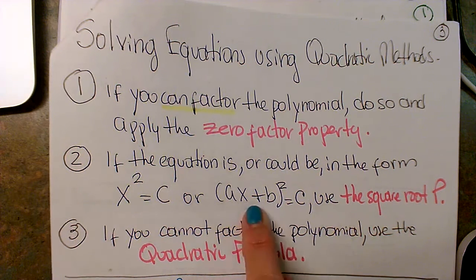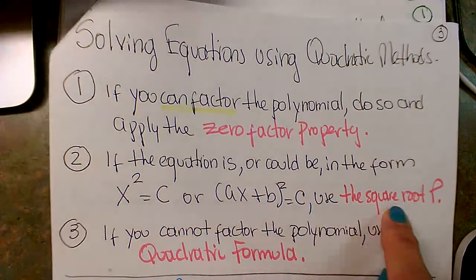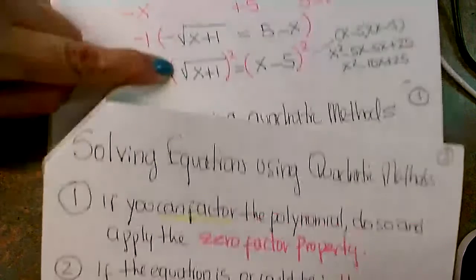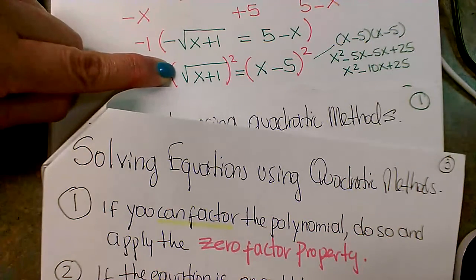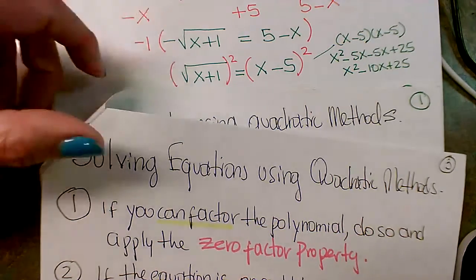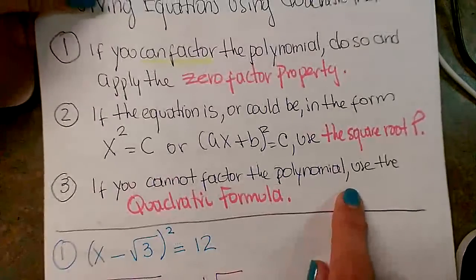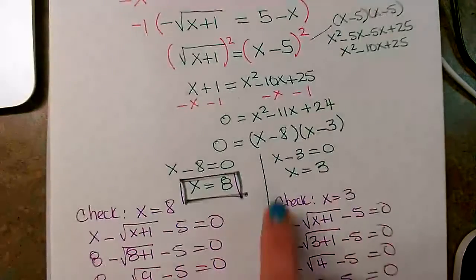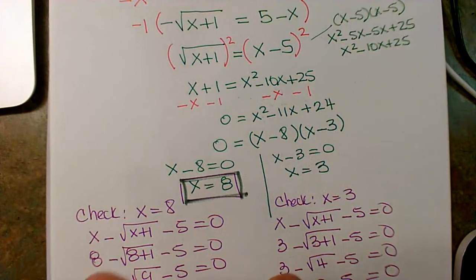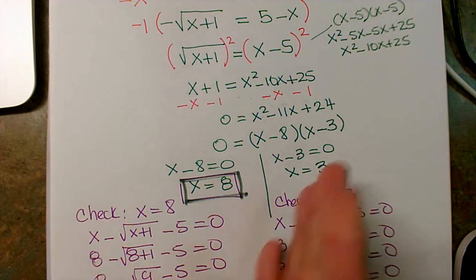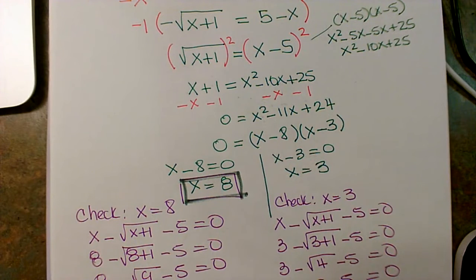If the equation is in this form, do the square root property, which we did in this one. And if you cannot factor the polynomial, use the quadratic formula. But we were able to factor it. We could have just gone straight and used the quadratic formula.